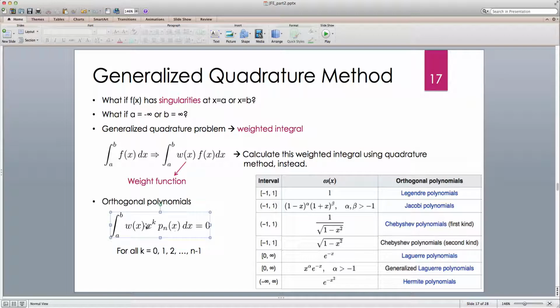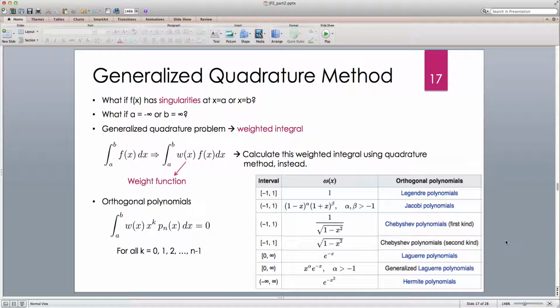And the orthogonality is then defined based on this weight function, x^k p_n of x. All right? Or if we are doing -infinity to +infinity, we can have a much faster decaying function, which is e to the -x squared. This is a Gaussian function, and the orthogonal polynomials for determining the weights and quadrature points are Hermite polynomials.